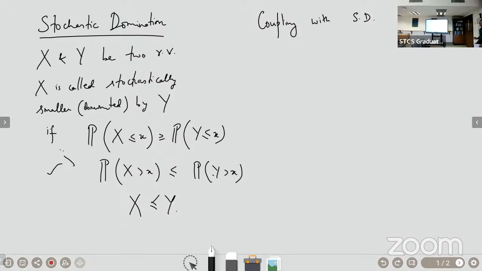Any other example? Yeah, binomial. Think of a coin toss. Will you come up with an example of X and Y such that X is dominated by Y?